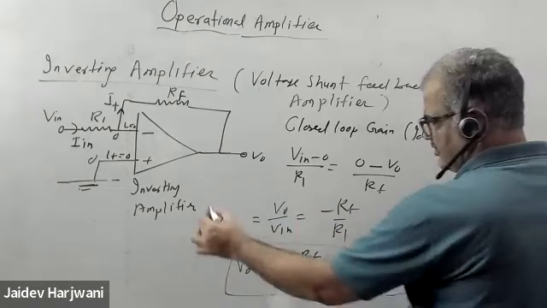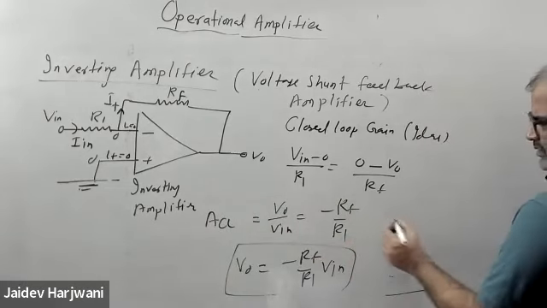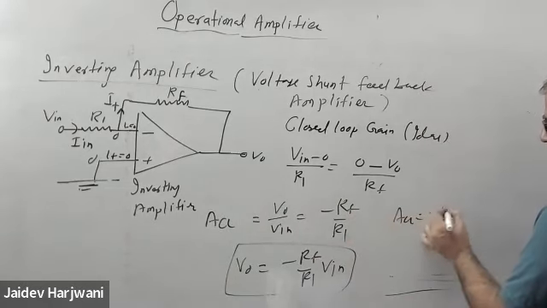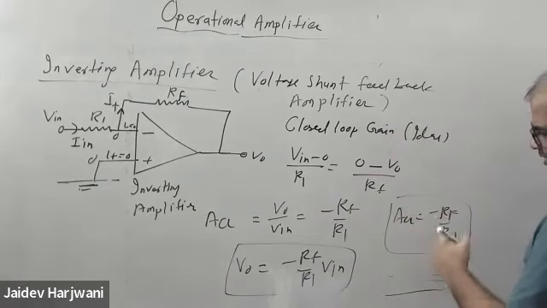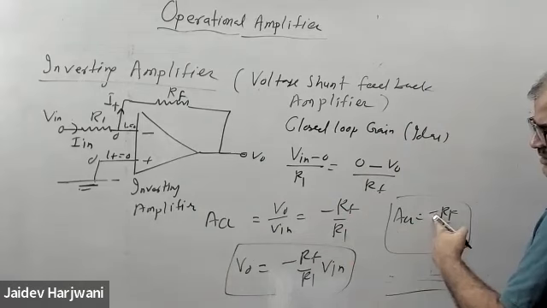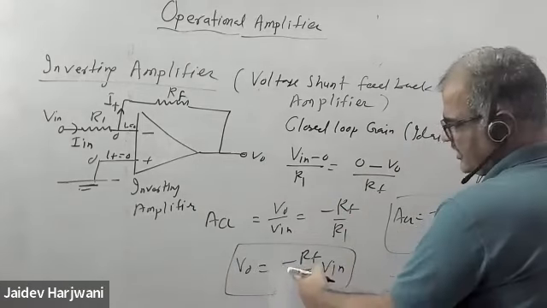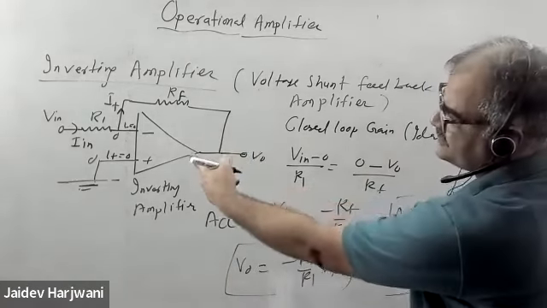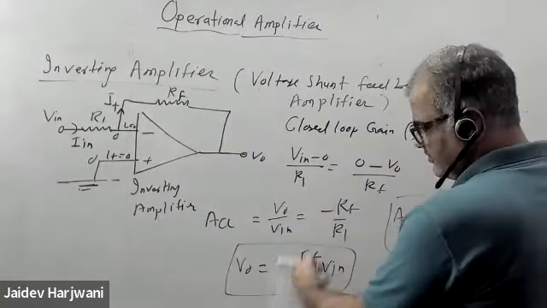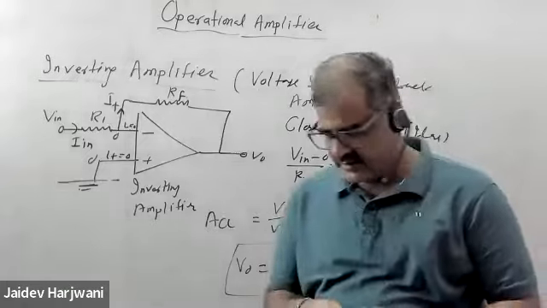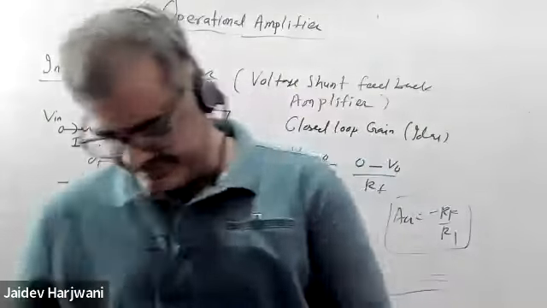So the closed loop gain is minus RF upon R1. The sign is changed because this is an inverting amplifier. Earlier it was 1 plus RF upon R1, now it is minus. This is the ideal case.